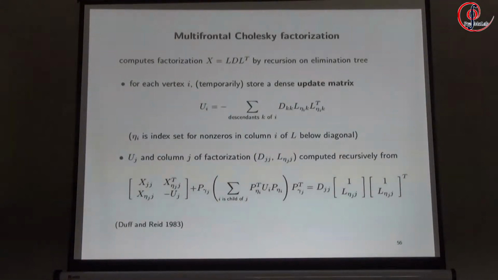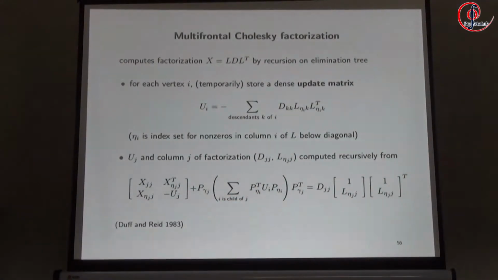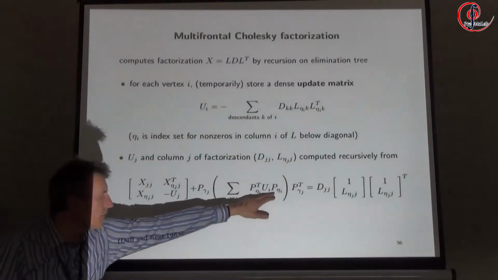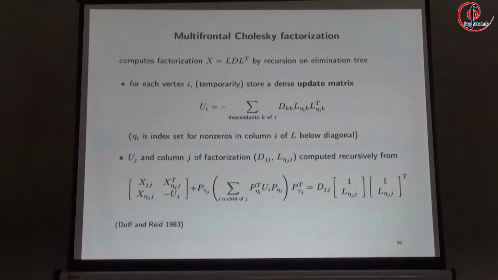If you look at this carefully, you see that if you process the vertices in topological order, so you assume that when you arrive at vertex J, you've finished the factorization of all its children and you know the update matrices for the children, then you can compute this matrix. The matrices P, eta I, and gamma J are needed because these update matrices refer to different indices in rows and columns.